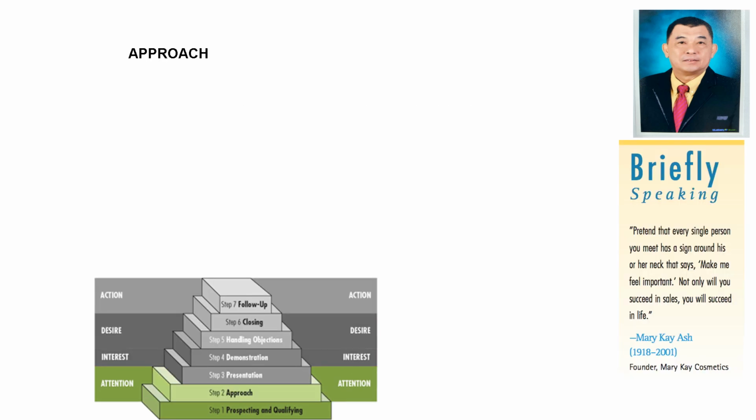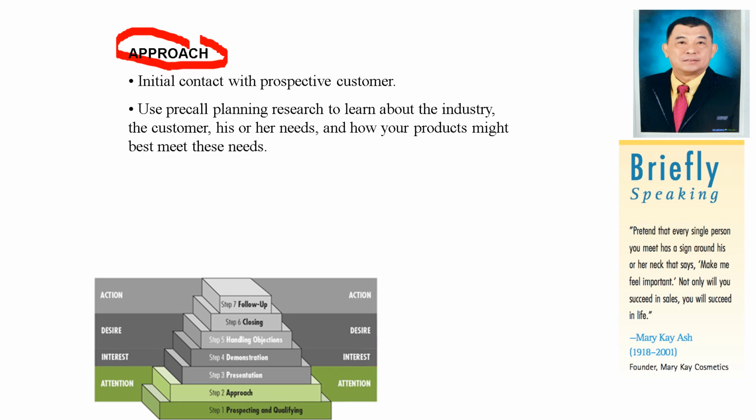All right. So the next one is the approach. What is this? Initial contact with the prospective customer. Use pre-call planning research to learn about their industry, the customer, their basic needs and wants, and how your product can best meet these needs.